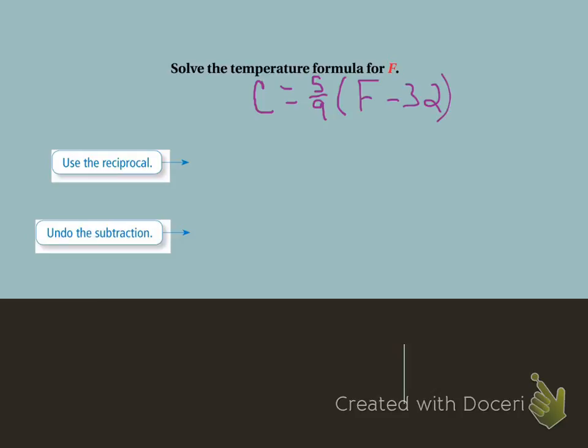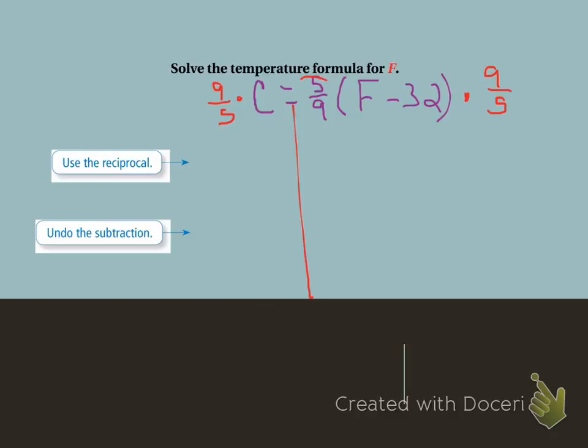I could distribute, but that's going to cause me more work in the end. So I'm going to get rid of the fraction first and send it to the other side. To get rid of a fraction, I multiply by its reciprocal, or the number flipped upside down. So 9/5 instead of 5/9.